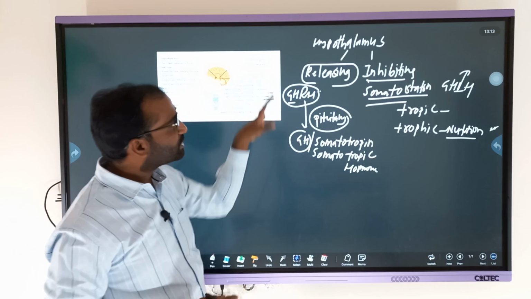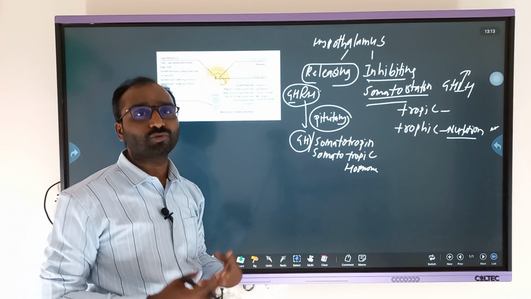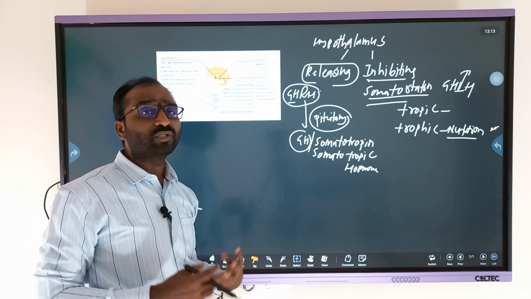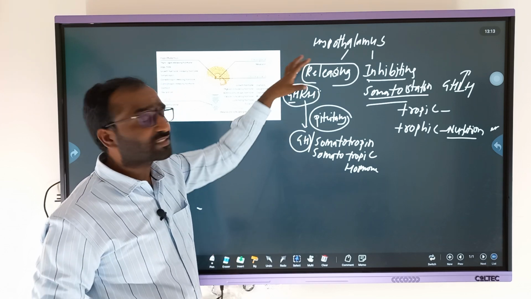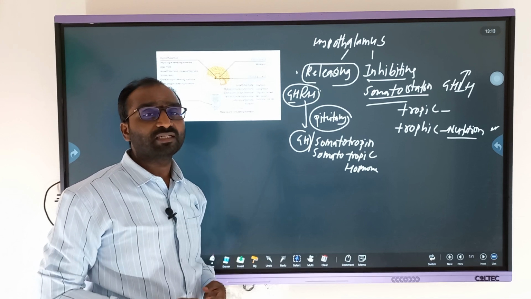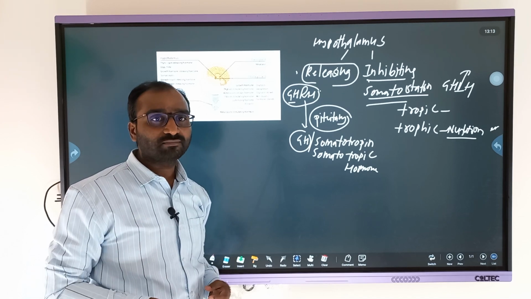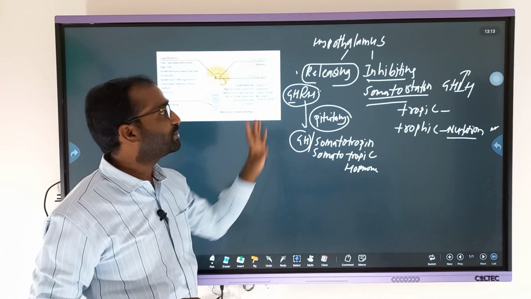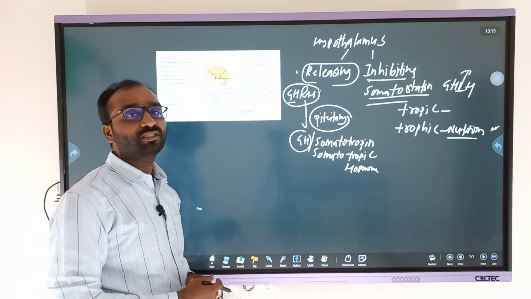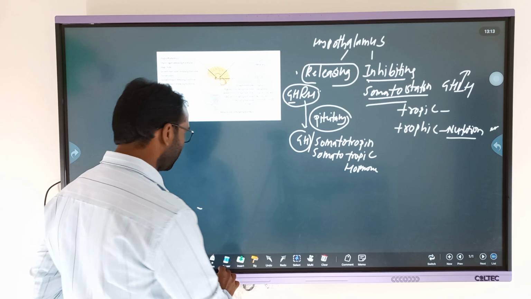So like this, the hypothalamus plays a major role in stimulating the pituitary gland to release various hormones. Hence it is considered the master of the master gland, and the master gland is the pituitary gland. Okay, so let us discuss the hormones from the pituitary.